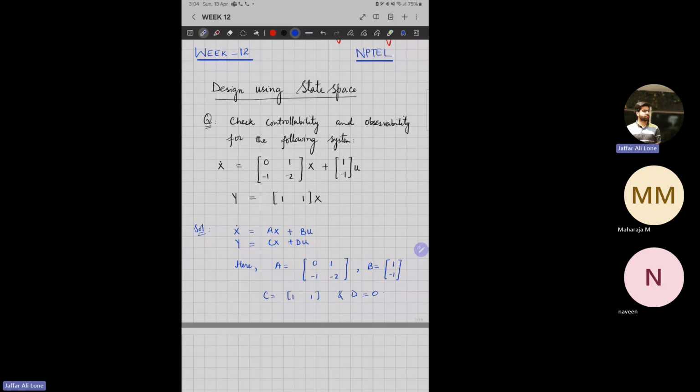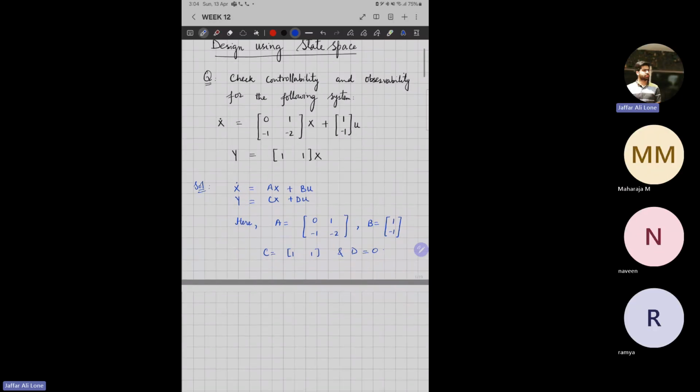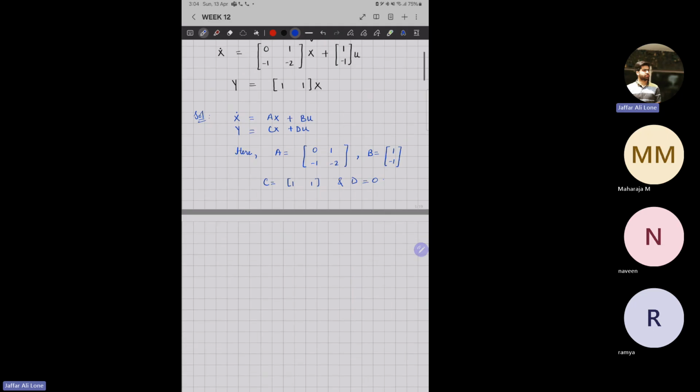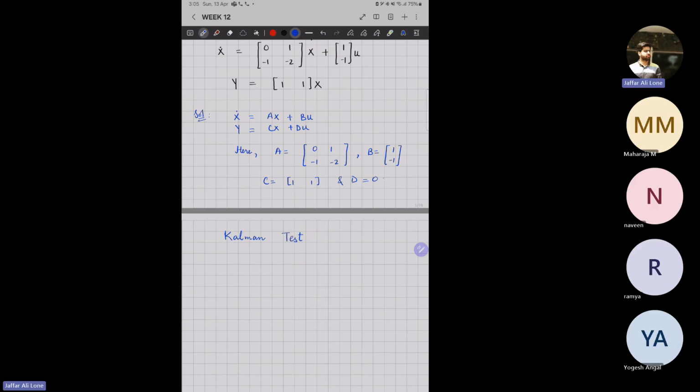So now in order to check controllability, we make the controllability matrix. There are two tests, and we'll study both. As of now, let's study the Kalman test for controllability and observability. What does it say? You have studied it. I'll just write the formula.